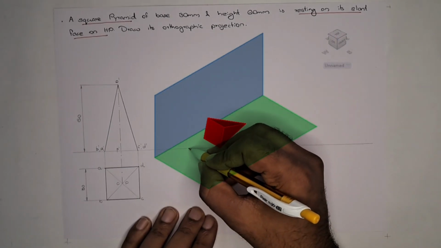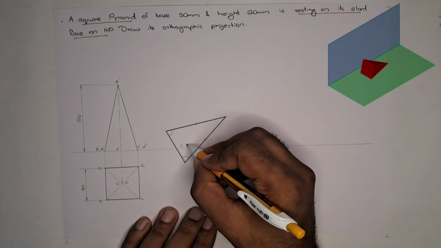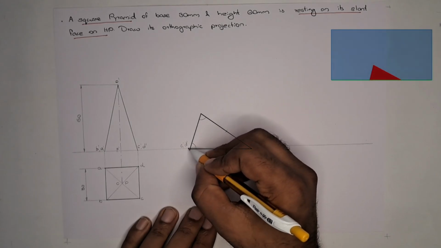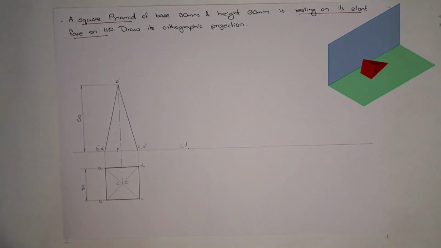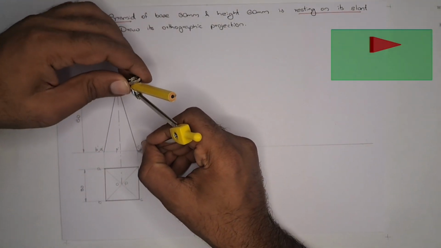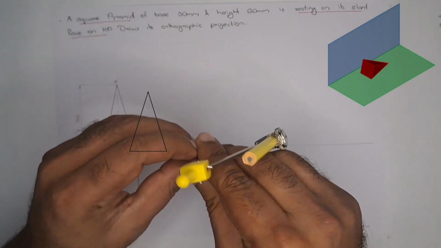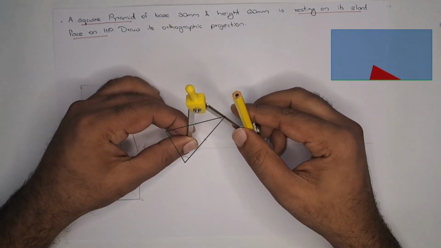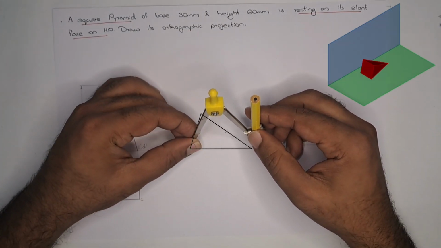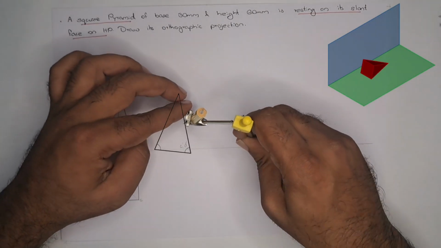So we plot this line C dash D dash over here and plot the distance over here O. We mark it here and we can plot the same distance over here.